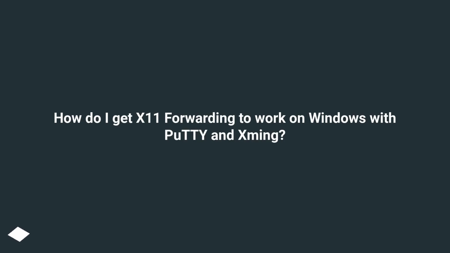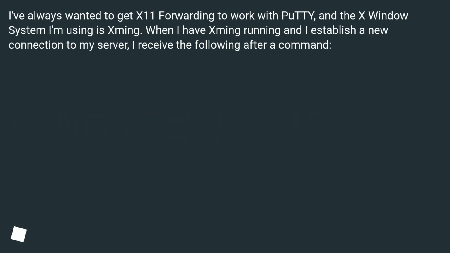How do I get X11 forwarding to work on Windows with PuTTY and Xming? I've always wanted to get X11 forwarding to work with PuTTY, and the X Windows system I'm using is Xming. When I have Xming running and I establish a new connection to my server, I receive the following after a command.